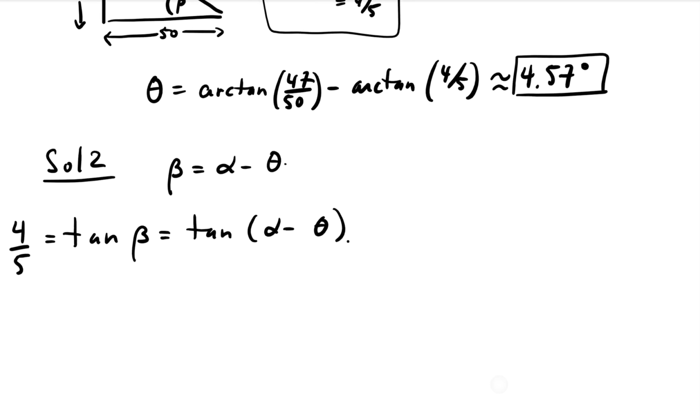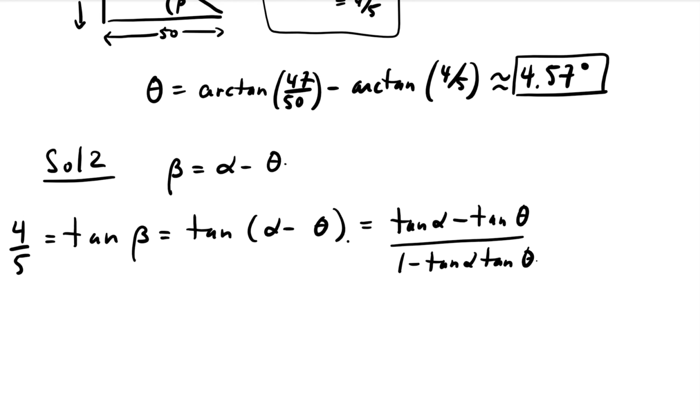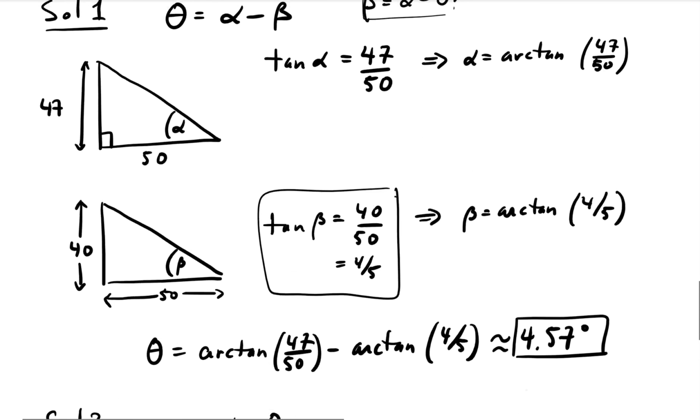So using the difference formula for tangent, this is going to be tangent of alpha minus tangent of theta over 1 plus tan alpha tan theta. If this is a minus there, it's plus there. And then tan of alpha, so again here I kind of have to use my work also from solution 1.